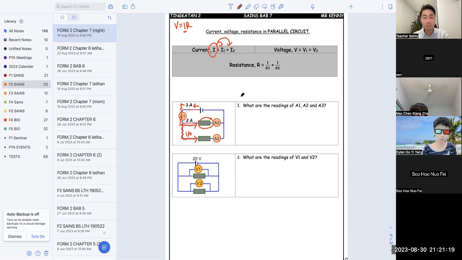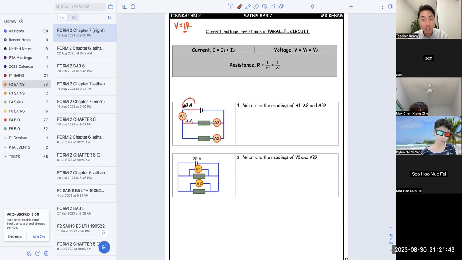So, the question asks you now, what are the readings of A1, A2, A3? Let's look at A1. A1 comes from where? Notice here, A1 is not inside this line. A1 is directly after the battery. That means it's near the battery, so it's taking the battery's current.